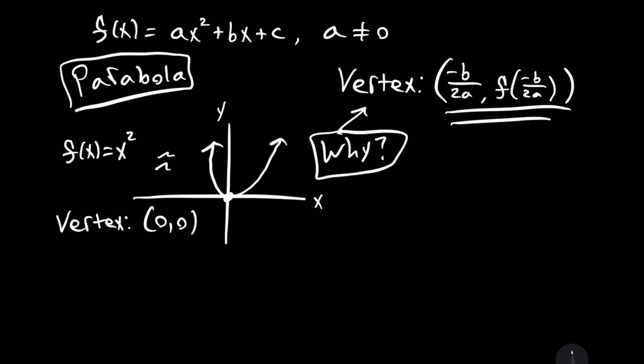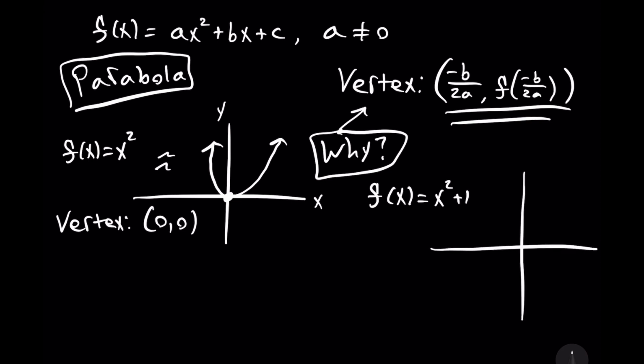And we're going to use that as a guide to notice certain patterns, because we can shift or transform that parabola. For example, consider the function f of x is equal to x squared plus 1. So once again, we can pull out a graphing calculator or create a table of values, plot some points, connect the dots, and roughly we'll get something that looks like this.